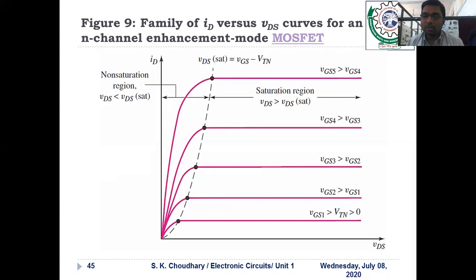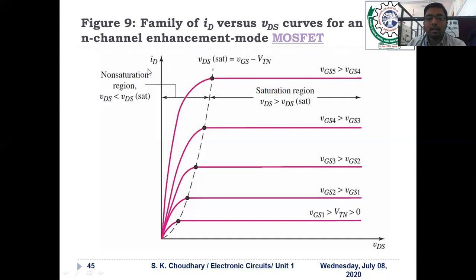So whenever the question asks you to draw the IV characteristics of the n channel enhancement type MOSFET, you have to draw this diagram. And through this diagram we can understand the operation of the n channel enhancement type MOSFET. It is very clear here. So on the y-axis we always plot a current, and on the x-axis we always plot a voltage.